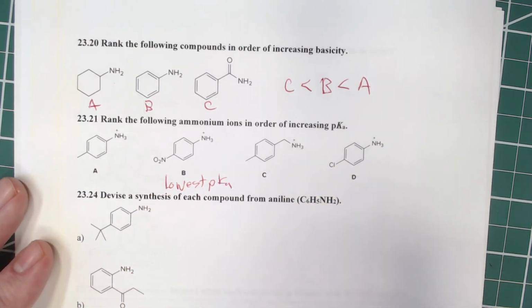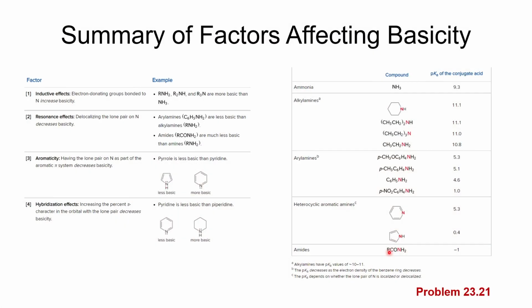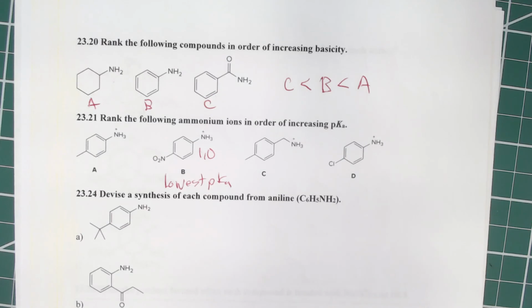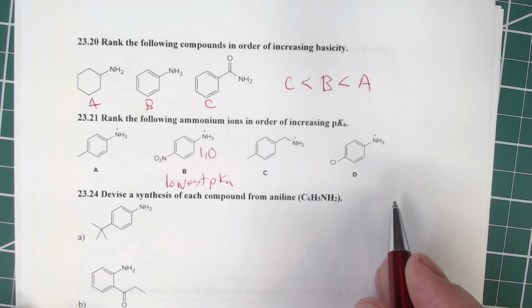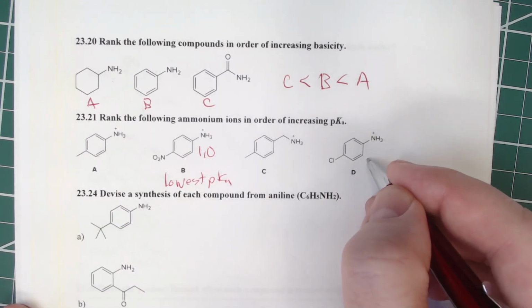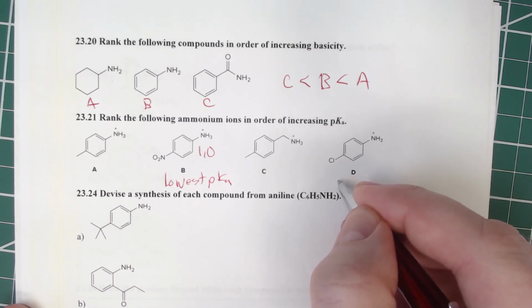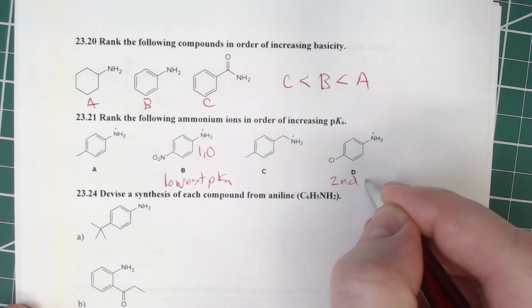In fact, we just saw that the pKa of that nitroaniline is 1.0. Then we've got chloro and methyl. Chloro is more electron withdrawing, so it's going to be second lowest.